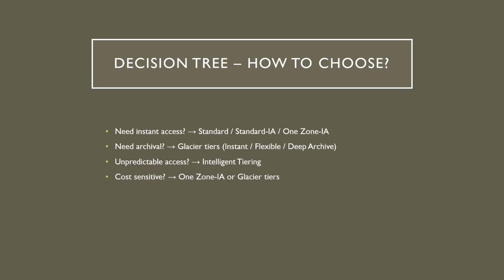If you require long-term archival data, you can go to Glacier Deep Archive, and sometimes also Glacier Flexible. If you need rare access but instant retrieval, you go to Glacier Instant Retrieval. And for unpredictable access patterns, as I told, we go to S3 Intelligent-Tiering for unpredictable workloads.